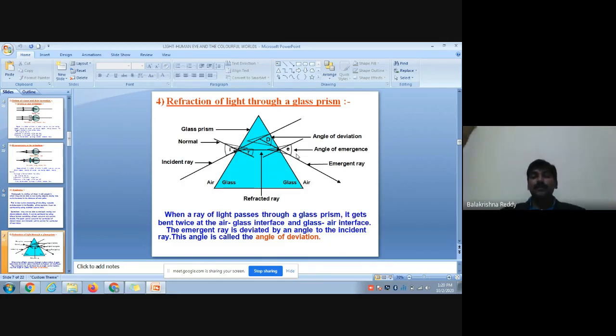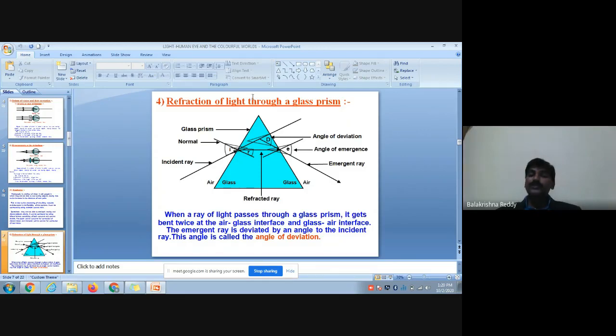But here one more important thing is, what is the angle of deviation? Before knowing the angle of deviation, we need to know what we mean by deviation. Deviation is nothing but how much the light ray has changed its path from its original path. Actually, the light ray is going like this.